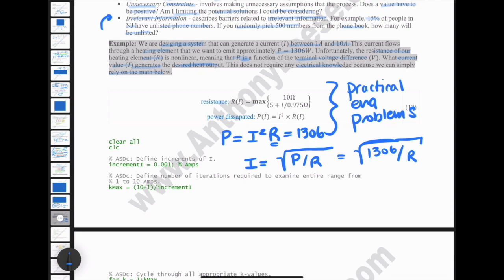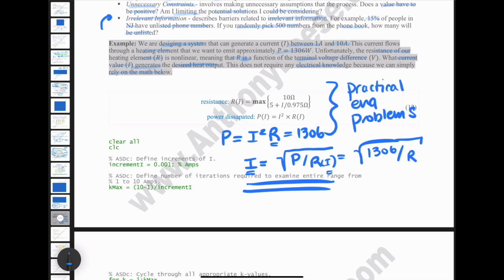The reason we can't use a description like this is because R is a function of I. So when we solve, we do not end up with an explicit closed form solution. We end up with an implicit equation where I is present in multiple locations. So we can't solve like that.